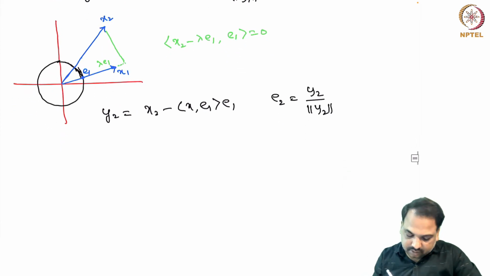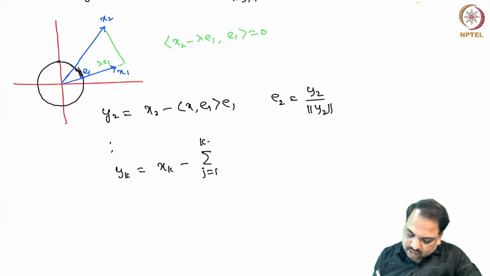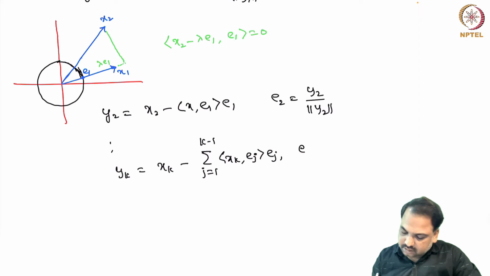vector. So proceeding this way, we can write yk as xk minus summation j equal to 1 to k minus 1 of the inner product of xk with ej times ej, and ek as yk divided by norm yk, so that it becomes a unit vector.